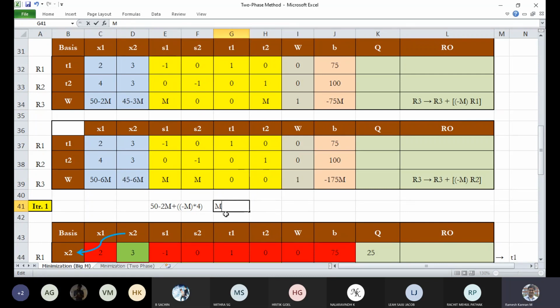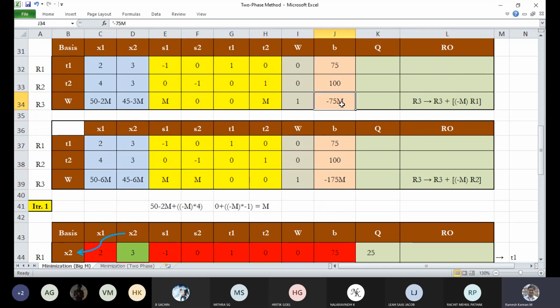Whereas in this case, that is 0 plus minus m multiplied by minus 1, which is minus m into minus 1, simply m, right? So that is why we have m here, and both will get 0. This will not be affected because in both the rows, even the first time when we use row 1, it is not going to be affected, and next time it's not going to be affected either.